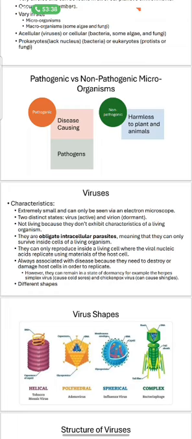They can only reproduce inside a living cell, where the viral nucleic acids replicate using materials of the host cell. Always associated with disease because they need to destroy and damage host cells in order to replicate. However, they can remain in a state of dormancy. For example, the herpes simplex virus causes cold sores, and chickenpox virus can cause shingles.